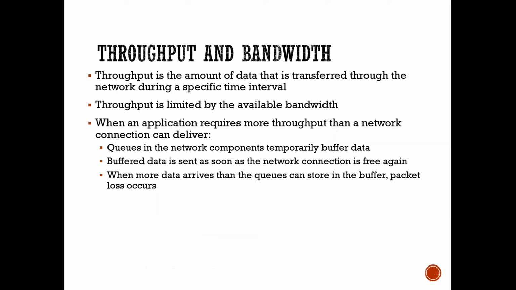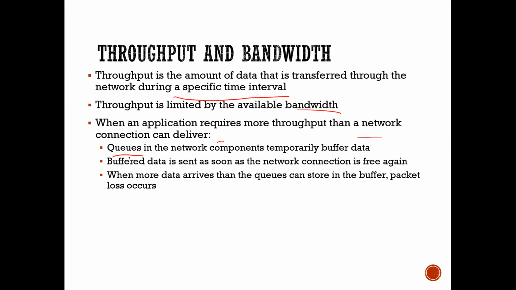Throughput is the amount of data that is transferred through the network during a speed time interval. Throughput is limited by the available bandwidth. We can when an application requires more throughput than a network connection can deliver.